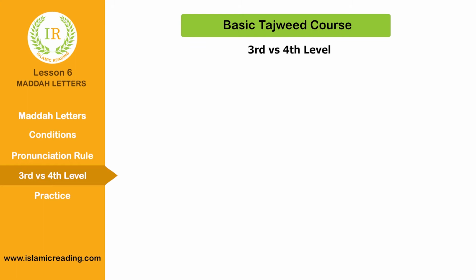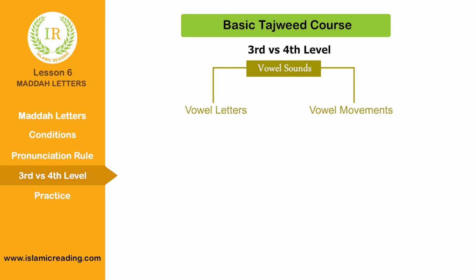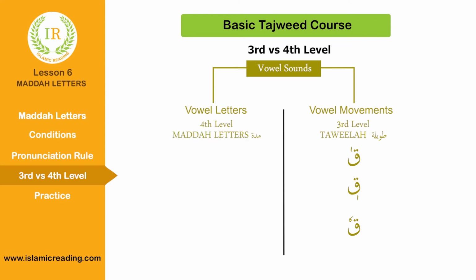You may remember that I told you that in the Arabic, vowels are divided into vowel movements and vowel letters. The third level movements, Tawila movements, is a long vowel, purely because of a movement. Fatha Tawila, Kasra Tawila and Dhamma Tawila, they are movements. The fourth level, the Maddah letters, are also long vowels, but they are because of a letter.